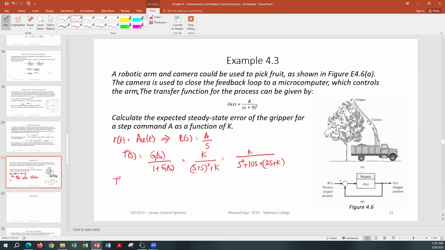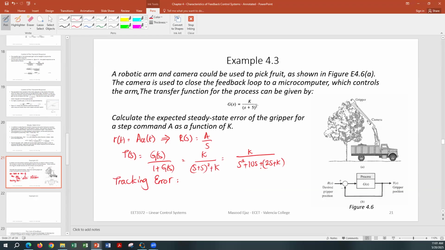All right, what is the error? Tracking error. Because to find a steady state error, we will write down the equation for the tracking error, and then we will see what is the steady state error.